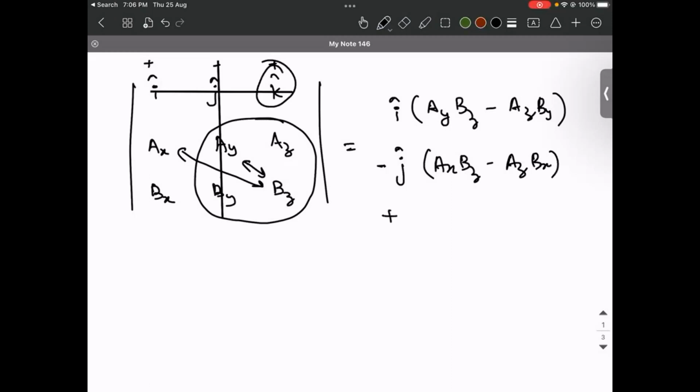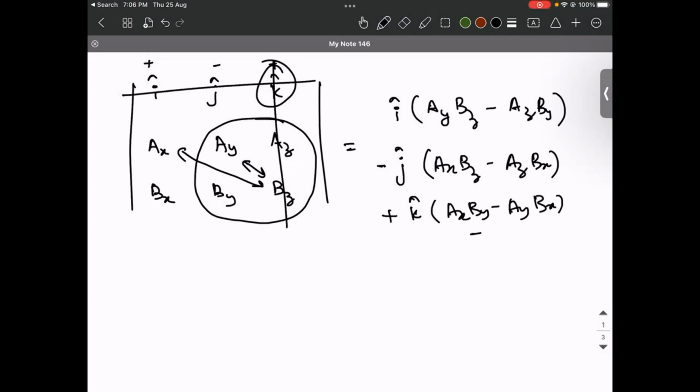Plus k cap into, what are you supposed to do next? Very good. K cap means hide the corresponding column and row. You have ax by minus ay bx. Even before you copy it, check if this expression matches the expanded value that we put in the previous step.